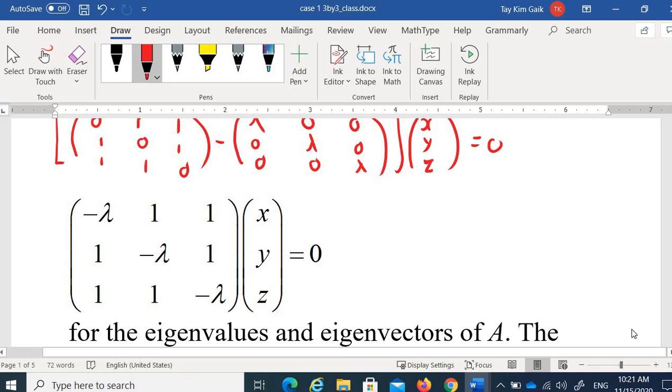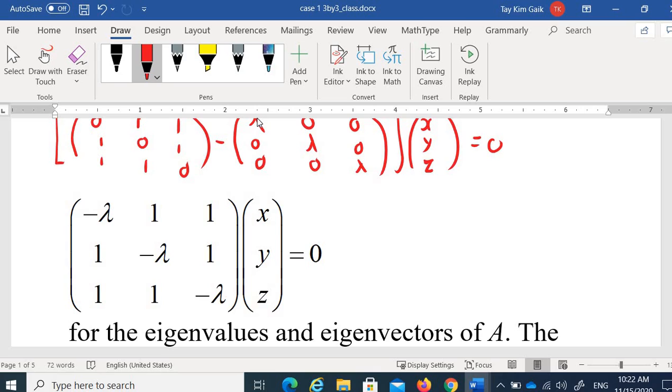So this is your A minus lambda I. It only changes at the main diagonal, while the upper and lower diagonal entries have no changes.